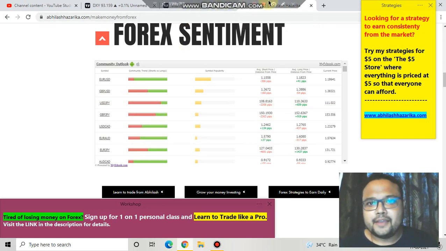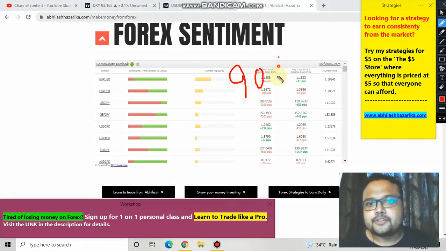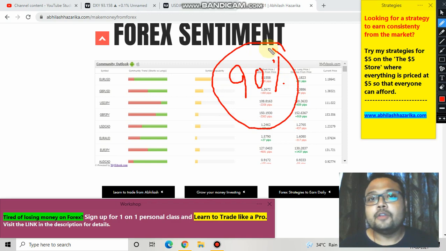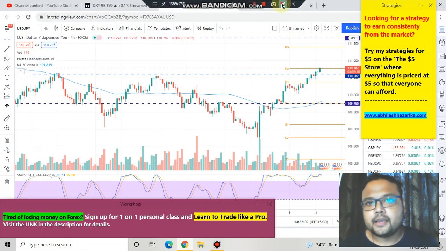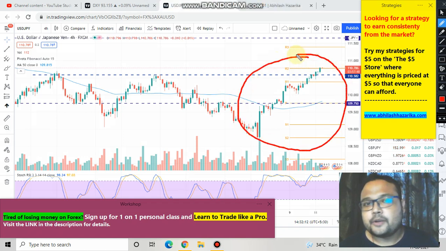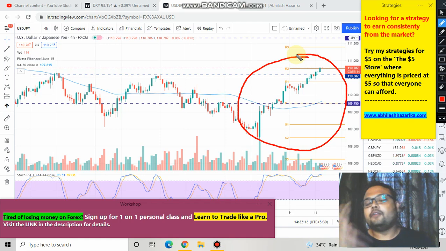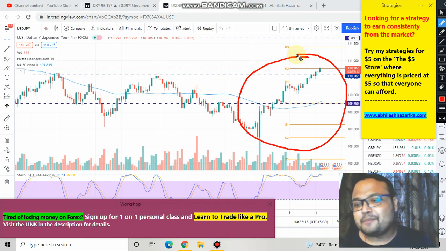And this is the main reason why more than 90% retail traders lose money, because they always stand against the trend of the market. In this strong uptrend market, they have taken a short position, and obviously they will end up in big losses.